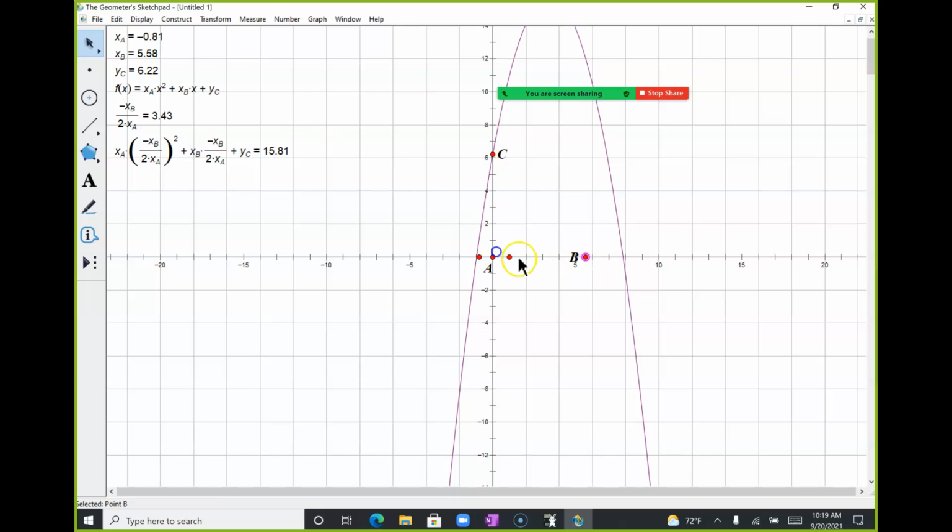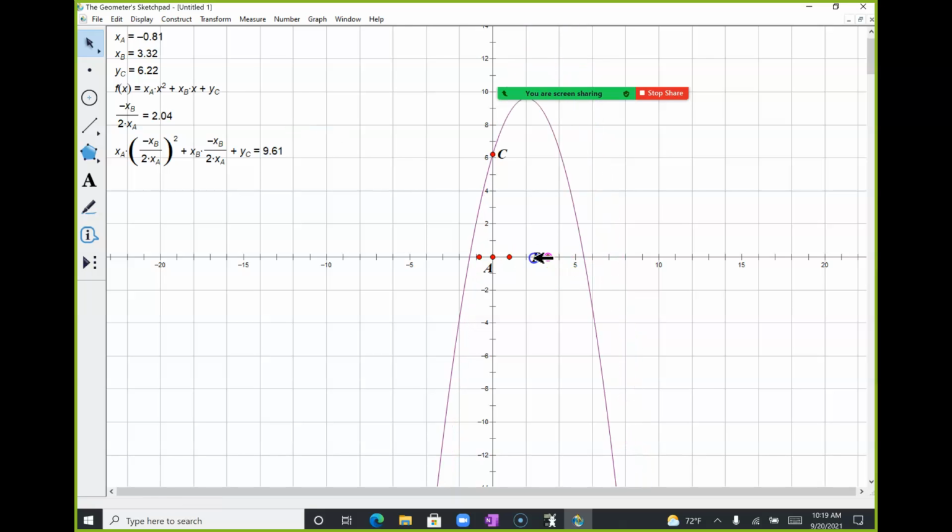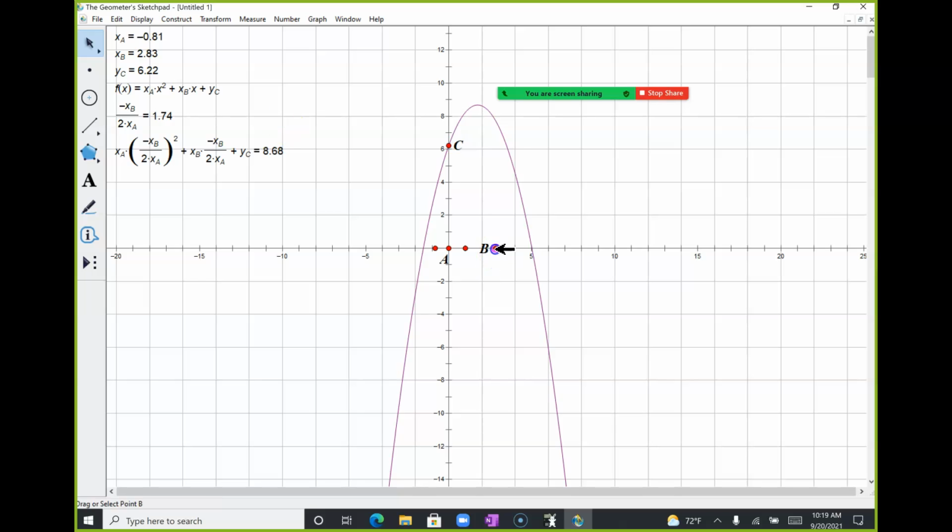It's not stretching the curve out, it's just sliding it. Where is it sliding it?